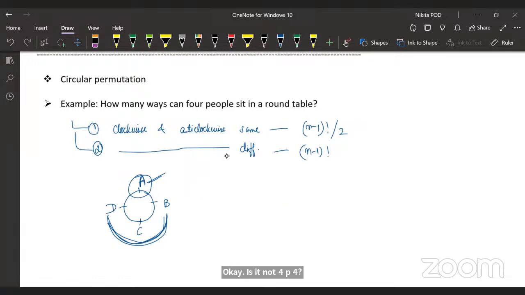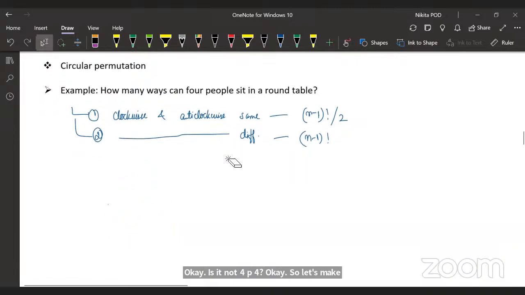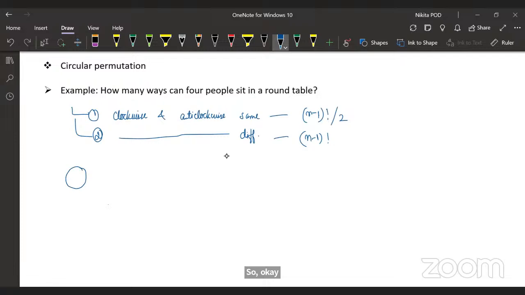So let's make some figure maybe. You have, let's say, A, B, C, D. This will have a lot of cases, but okay.